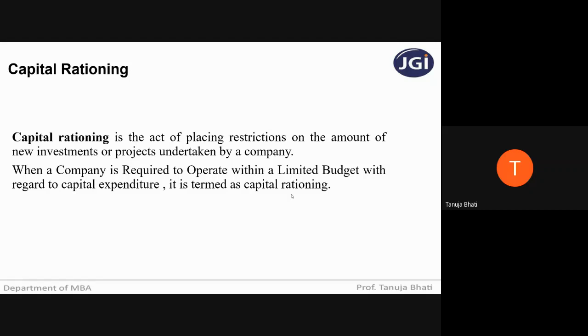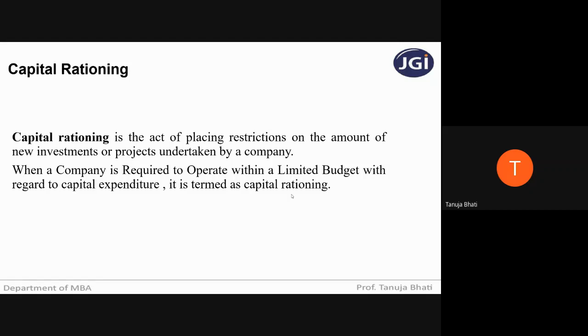I'll just give you a very simple example. Suppose to run a particular house for 1 month, you have a particular budget, correct? Suppose you have to run your house on 10,000. How is this 10,000 decided?